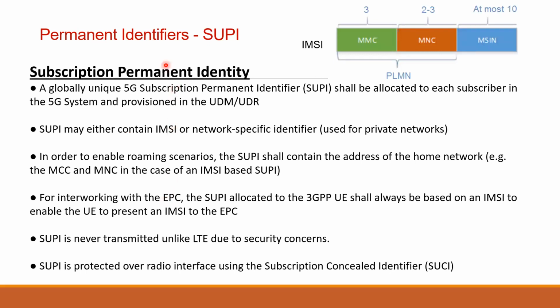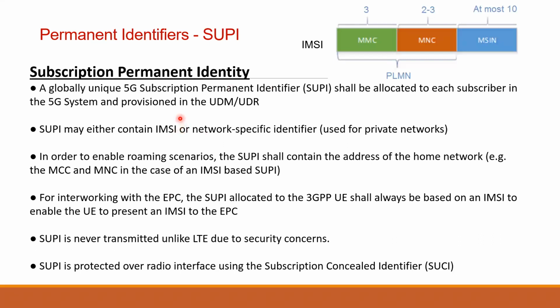So the first permanent identifier that is used in 5G is SUPI, the subscriber permanent identifier. It is somewhat similar to IMSI. It's a unique identifier which is allocated to each subscriber in the 5G system and is provisioned in UDM and UDR. SUPI may either contain IMSI or a network-specific identifier.